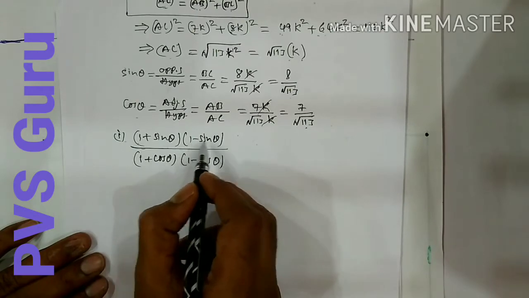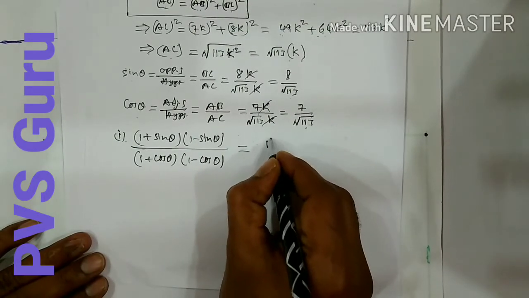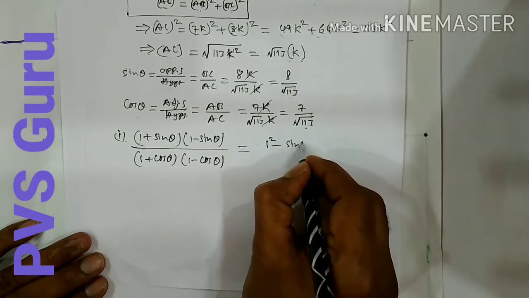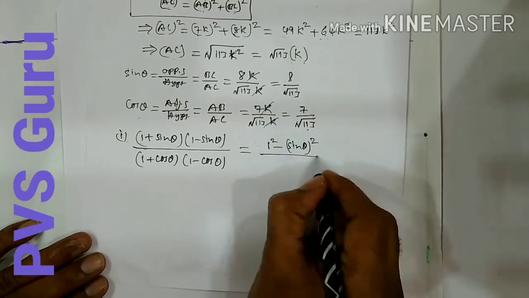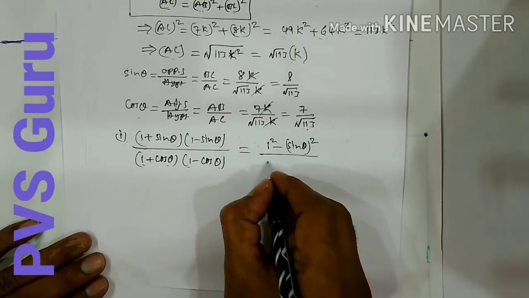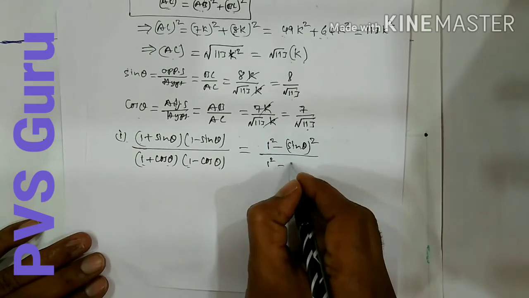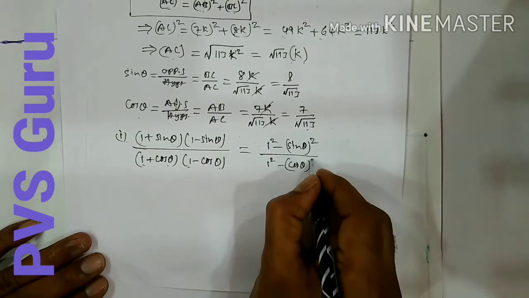Here (a plus b) into (a minus b) gives a square minus b square.